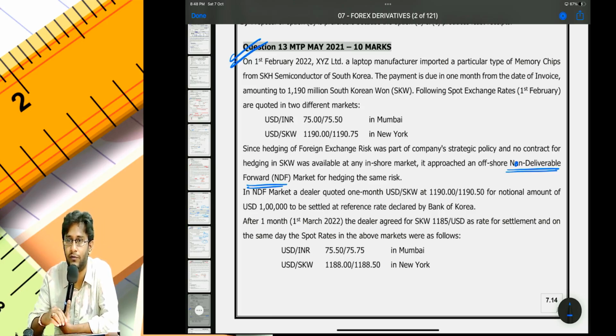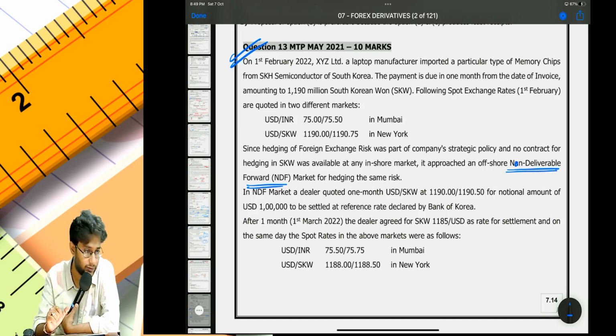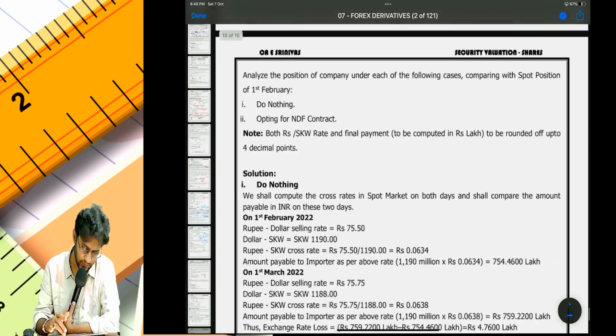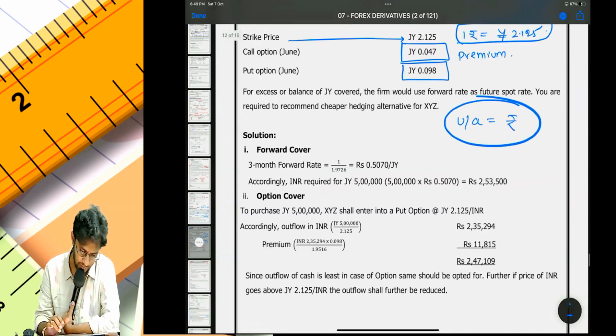Sir, then why enter into a forward contract? Why did you enter into a futures contract when delivery is not there? Same reason. NDF also has the same purpose. The NDF sum was actually printed in your forex chapter also. I told you that I'll cover it in options hedging and futures chapter hedging. So here we have to cover it, but we'll do it in the next session, sir. Easy only, just be a little careful.